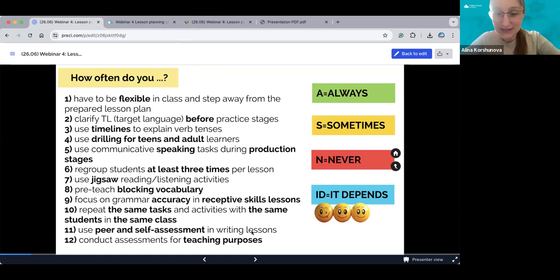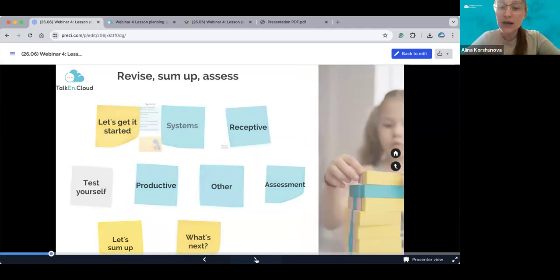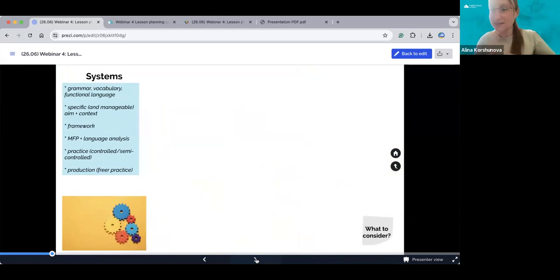to plan our lessons. But before that, as I promised, let's briefly sum up everything that we've discussed about systems lessons, I guess it was 2 weeks ago, and about receptive lessons, that's something that you discussed with Olga last week. So when we talk about teaching, we basically need to teach our students some systems.